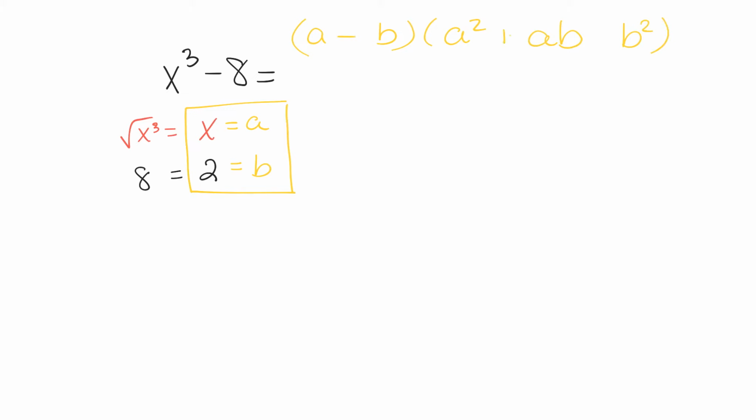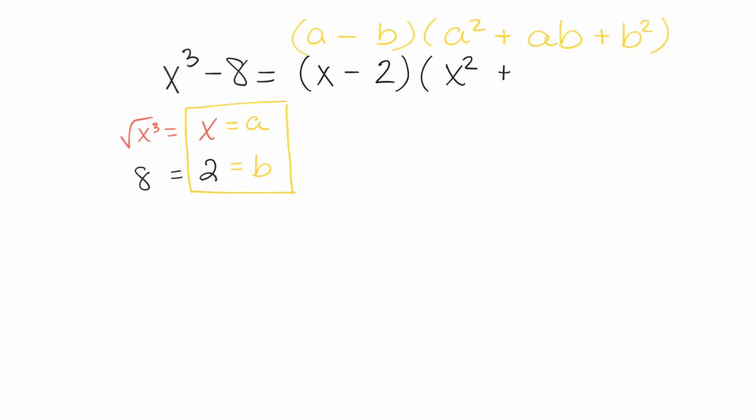Same, opposite, plus. So what is a? We just decided that a is x. All right, so x minus b. b is 2. A squared. All right, well, here's a. It's x. So a squared equals x squared plus ab.